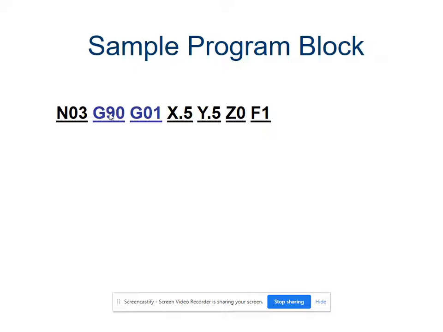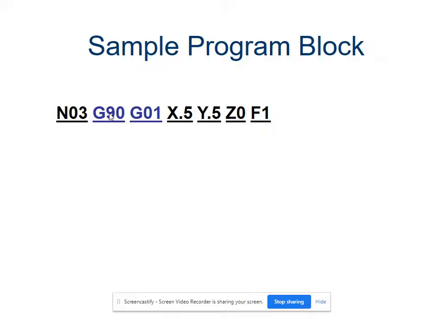F1. So, Travis, what does the letter F stand for on our sheet of fun here? Pardon me? That's correct. It's feed rate. It's how fast it's going to do this. So it's telling it right now that we're going to go XY 0.5, Z0, and we're going to do that at a speed of 1.